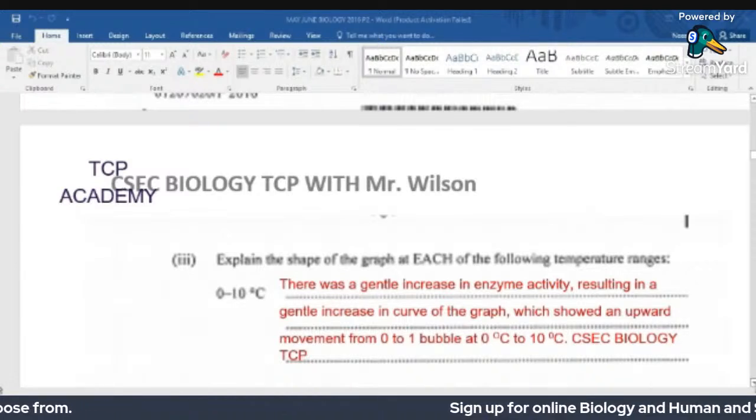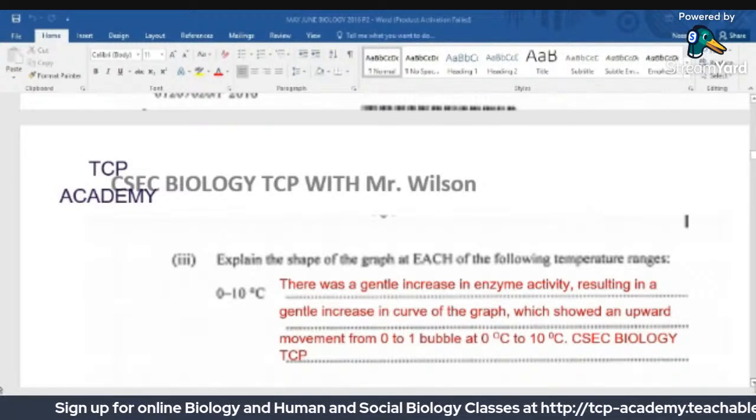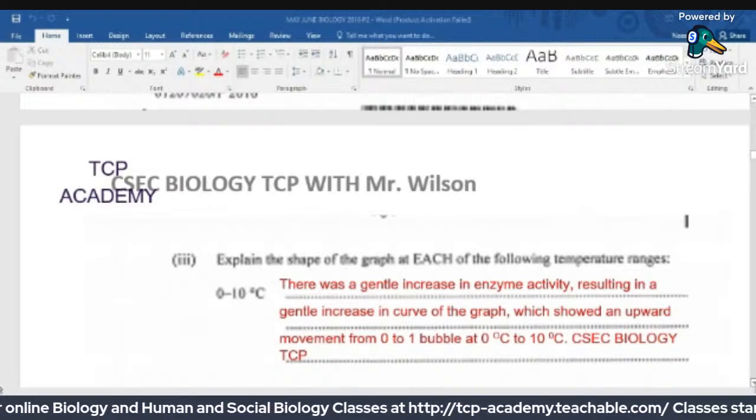So there wasn't any bubble, then we had 1 bubble at about 0 to 10 degrees Celsius. That's how we explain the shape of a graph. We're looking at what is happening and what would have caused that to happen.